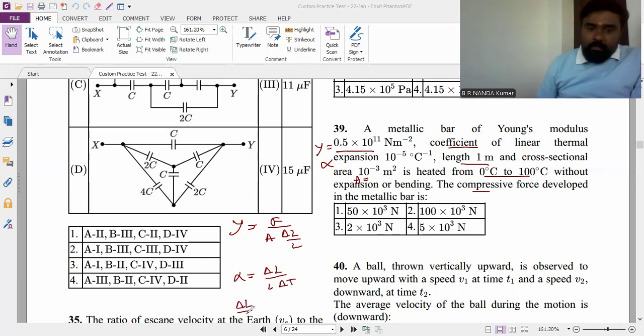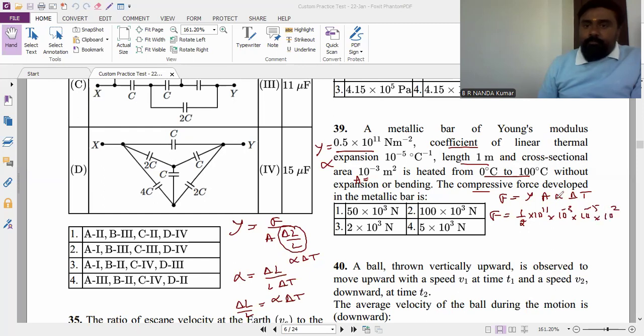So delta L by L is alpha into delta T. So F is equal to Y into A into alpha into delta T. So we arrange the formula. Y is 1 by 2 into 10 power 11, the area is 10 power minus 3, alpha is 10 power minus 5, and delta T is 10 power 2.